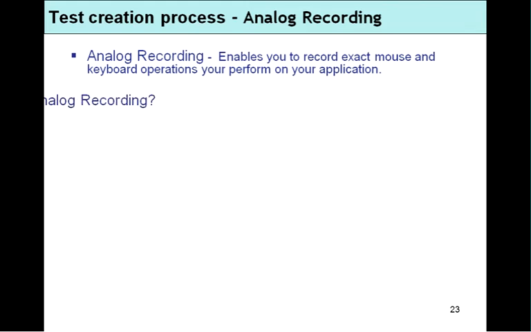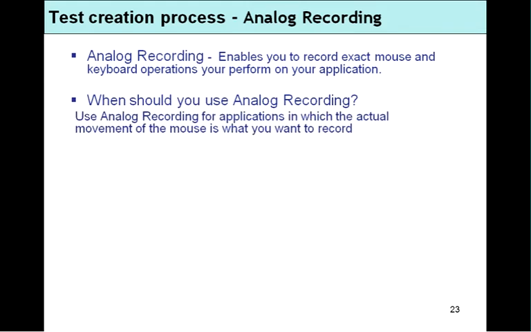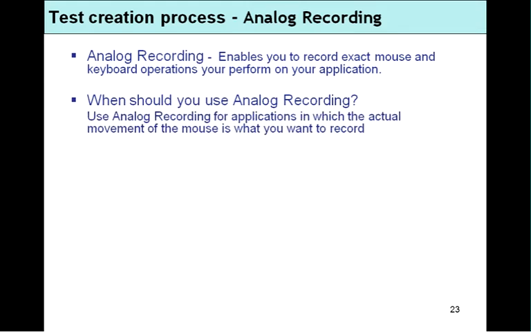When should we use the analog recording mode? We use it for applications in which the actual movement of the mouse is required. However you move, it will track the mouse action and store it in a file.